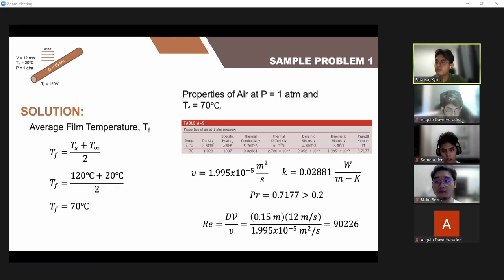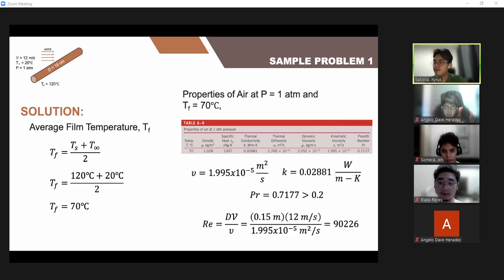To start off, the average film temperature was acquired by getting the mean of the surface temperature of the cylinder and the temperature of air. This is because the fluid properties are supposed to be calculated at the average film temperature for cylinders. After calculating, we acquired an average film temperature of 70 degrees Celsius. Next, we acquired the properties of air at this temperature and at P equal to 1 atm from the book.